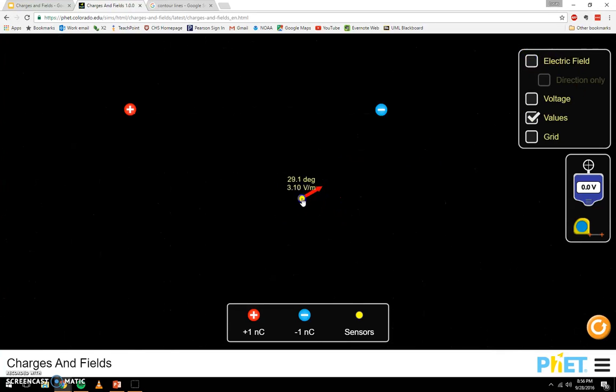But the value of the magnitude of the electric field is shown as the length of the arrow, which gets quite big as I get closer and closer to each of the charges, going away from the positive and going toward the negative. The values checkbox allows you to turn that on or off, showing the actual numerical values of that sensor's reading of the electric field.